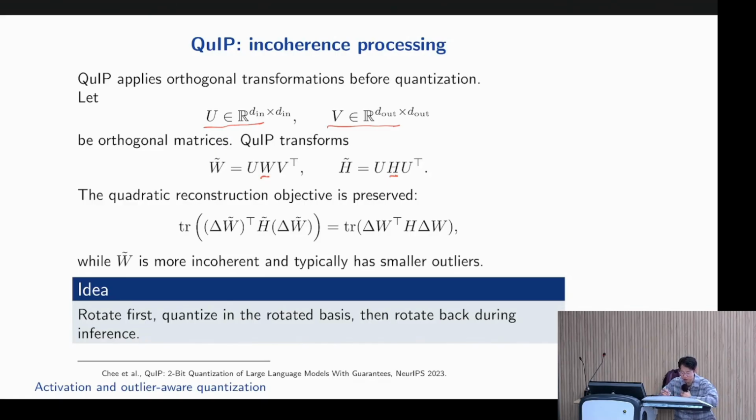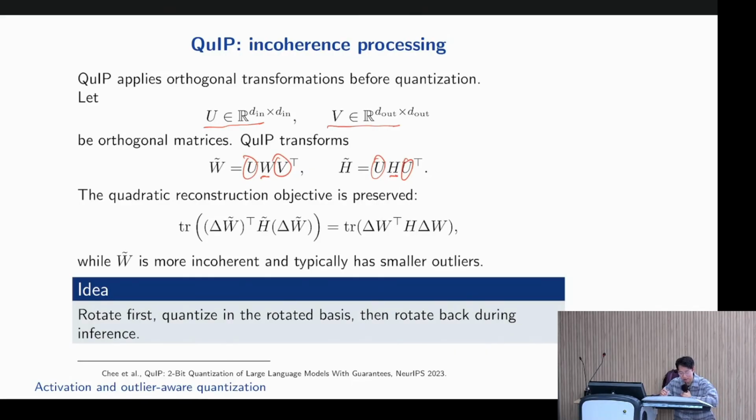What we're going to do is pre-multiply and post-multiply the matrices with these orthogonal matrices.